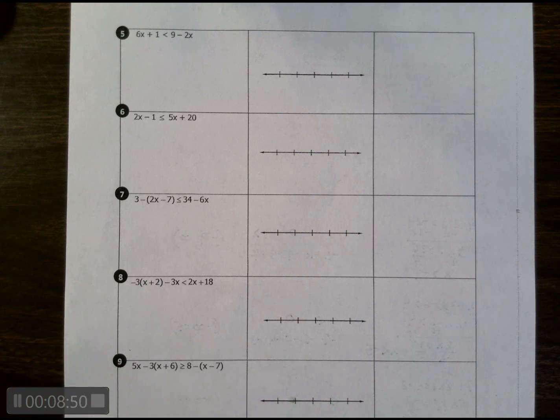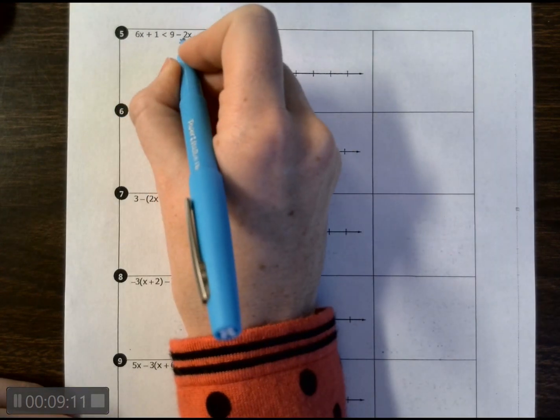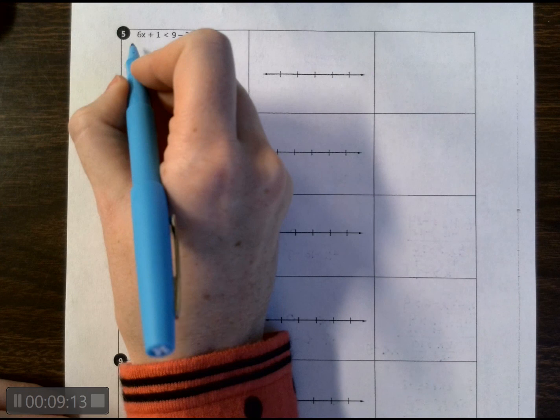Let's see. So, number 5 is a little bit different because we have different terms on different sides. Because we have a 6x plus 1 on one side and a 9 minus 2x on the other. So we need to get all of our like terms on the same side. So I'm going to start with my x's. So I'm going to add 2x to both sides.